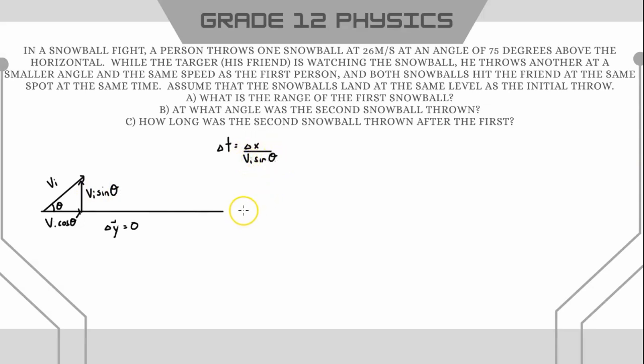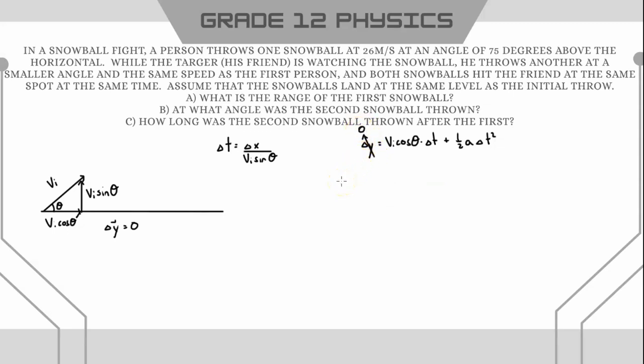But vx is right here as vi cos theta. Now we're also going to need to look at our y components. So our y components, we have this equation. So delta y equals viy, which is vi sine theta, times time plus 1/2 acceleration times time squared. All right, now delta y is actually going to be equal to 0.